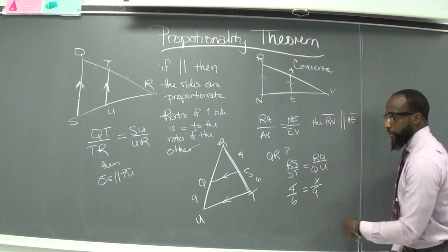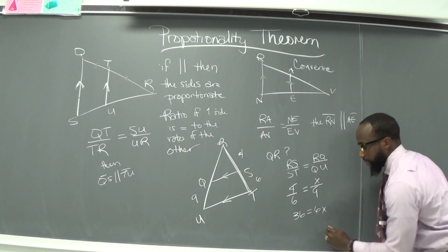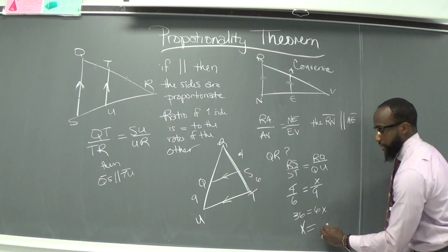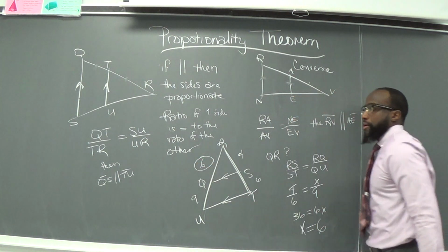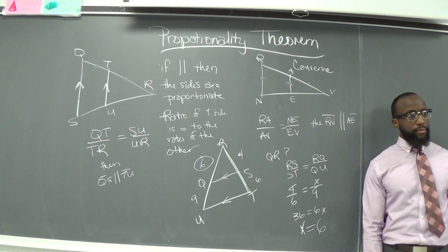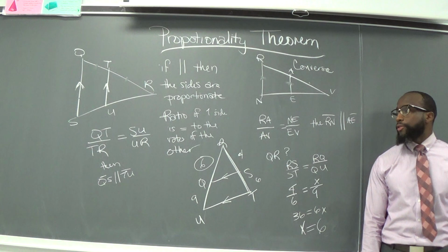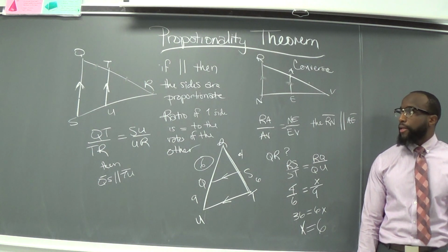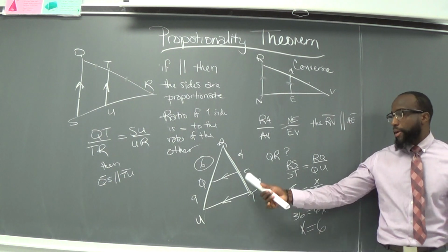From here we cross multiply to solve for x, so we get 36 equals 6x. X then equals 6. So RQ is 6.